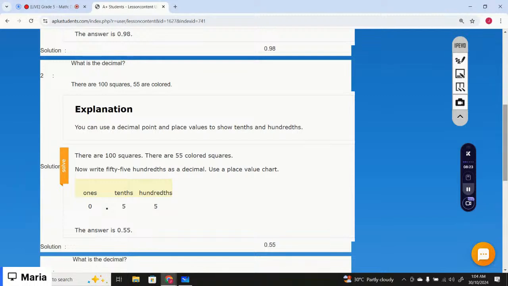The next one is there are 100 squares and 55 are colored.